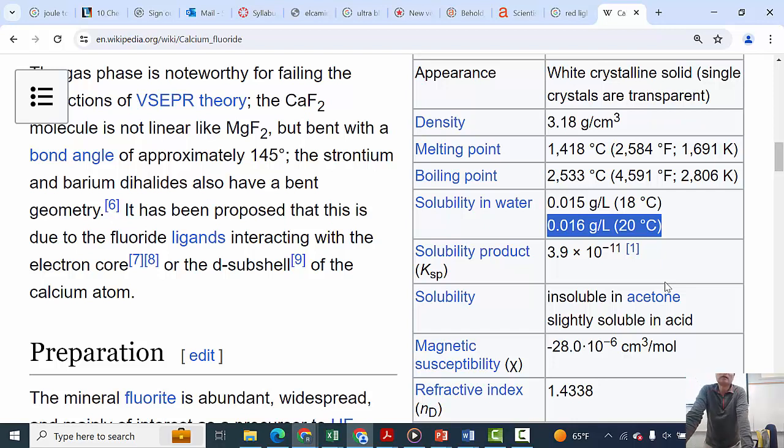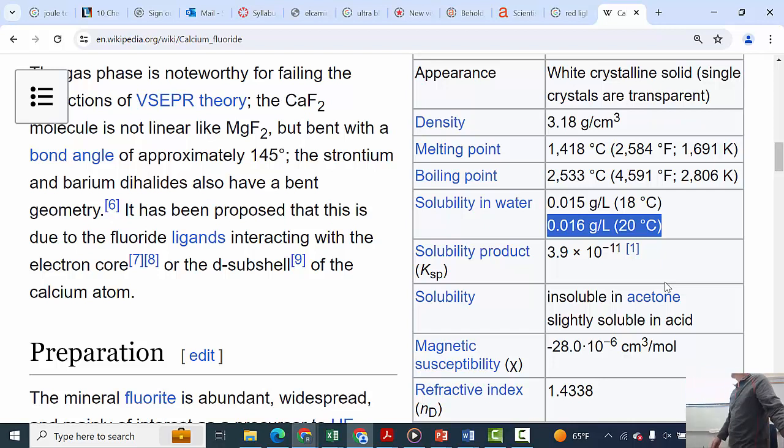No, it's not. If it's basically zero, then a lot of things are soluble. Most everything is. No, there's a cutoff. It's an arbitrary cutoff. What was the cutoff? 0.1 moles.